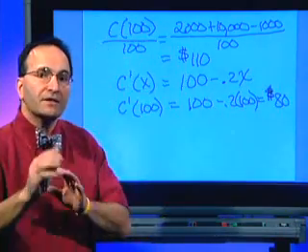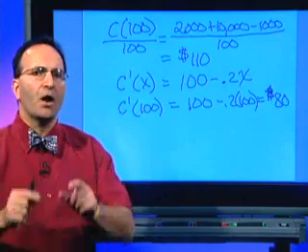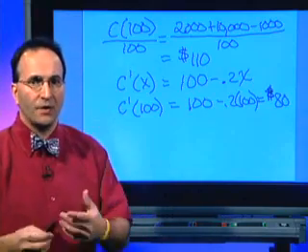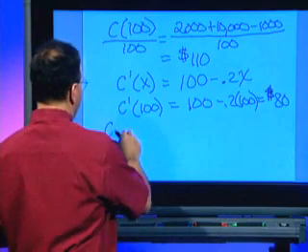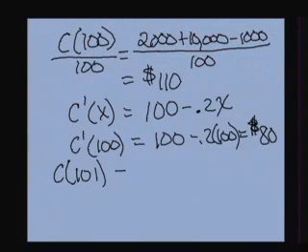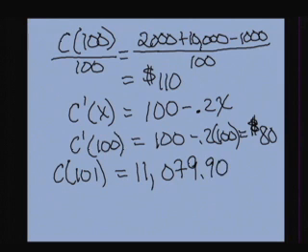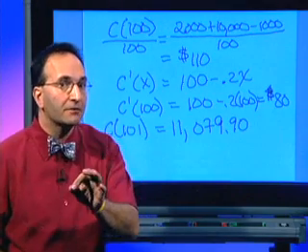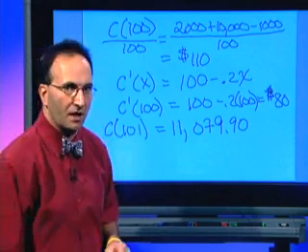Okay, the last part, the cost of producing 101 machines. So that's C of 101. So you have to plug that into the original function. When you do that and work out all the arithmetic, that is equal to $11,079.90. Before, we calculated that the cost of the 100 machines is $11,000.